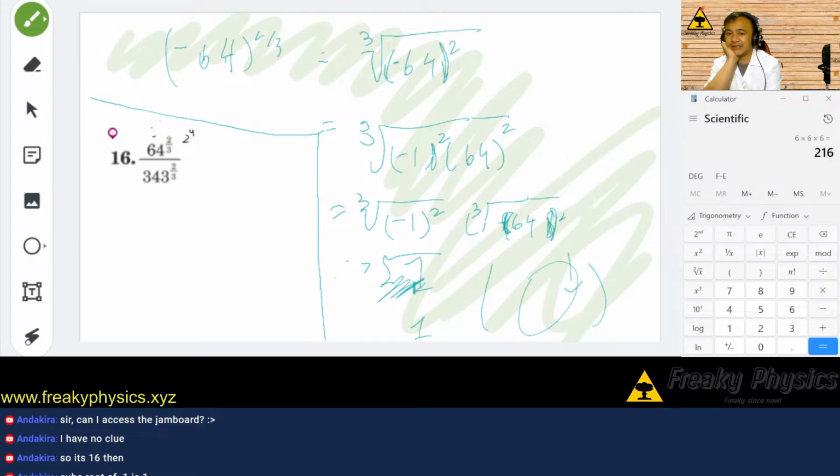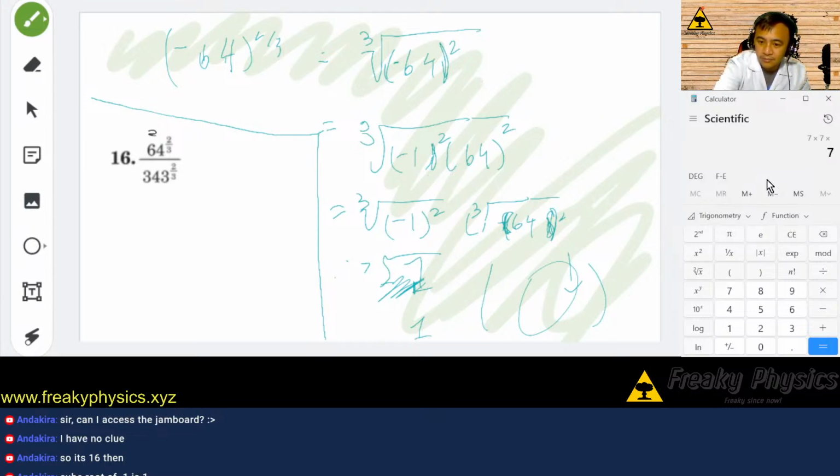All right, that's for the denominator. The numerator, you're already correct. Okay. 7. Try 7. 7 times 7. 49 times 7. 7 cubed.